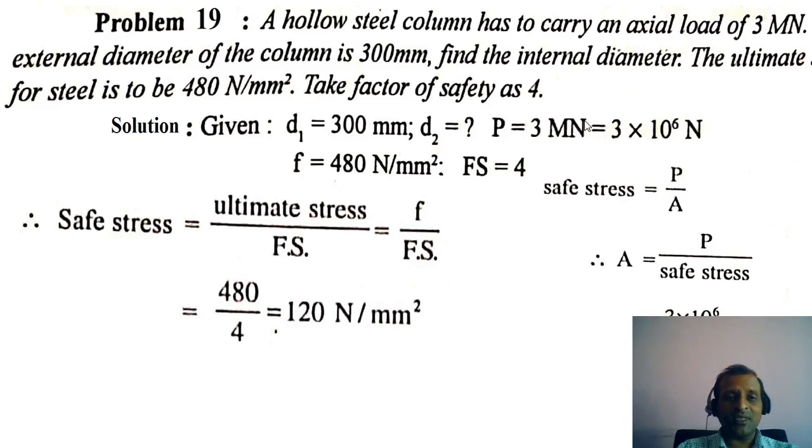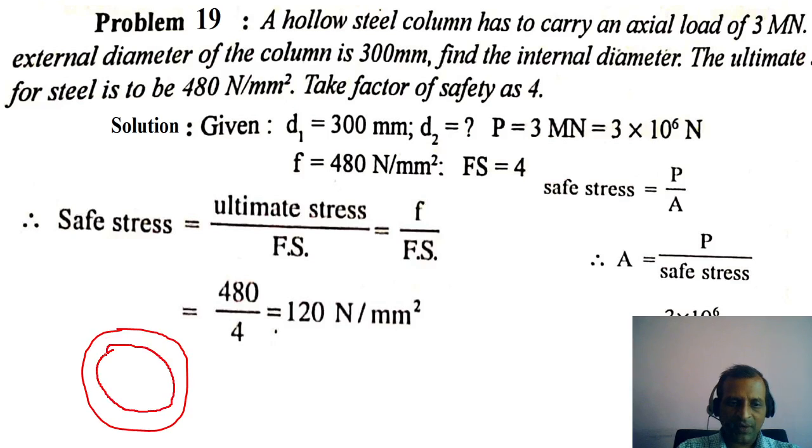So first understand what is given in the problem. A hollow steel column has to carry an axial load of 3 meganewton. This is the load the steel column carries. The external diameter of the column is 300 mm. It means the given steel column is hollow like this.